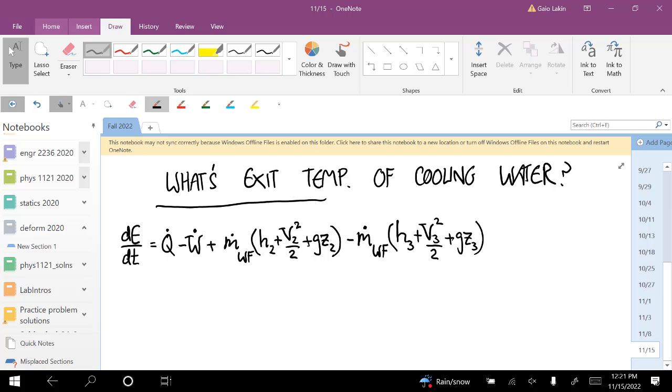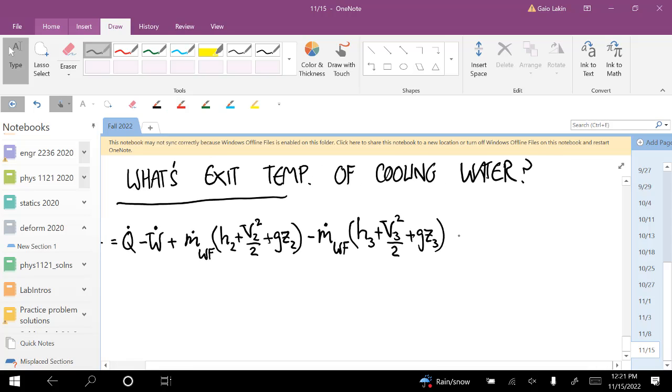And now we have to consider, since our control volume includes the cooling water that's in the condenser, we have to consider that. So now we also have plus m dot of the cooling water times, so I'm going to call these the inlet and exit for the cooling water.